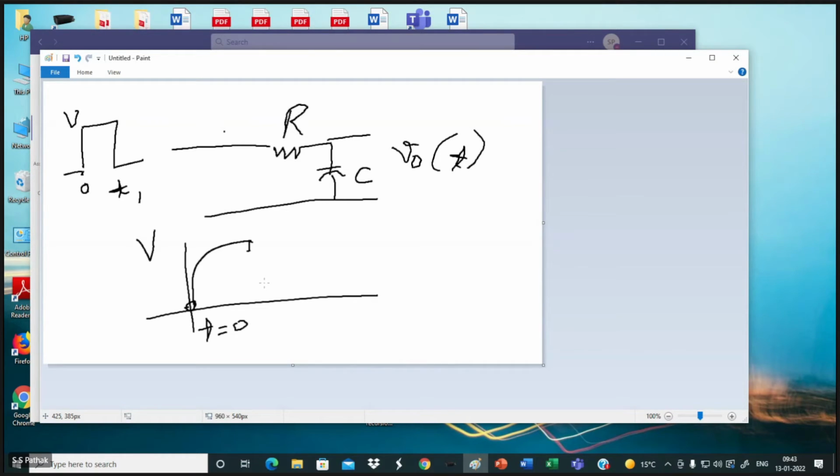Now this negative voltage V is applied at T equal to T1. So what will happen? This one will be coming to this point. That means if this voltage was V, then it will come to 0. If this voltage is less than V, then V dash minus V will come over here.